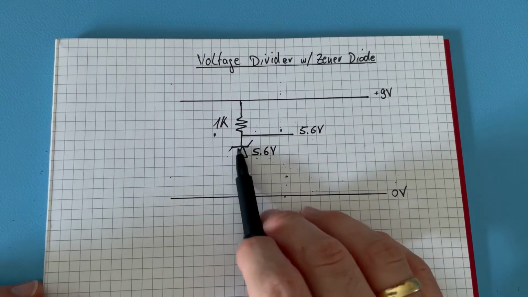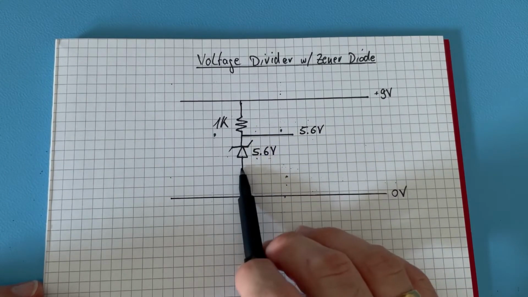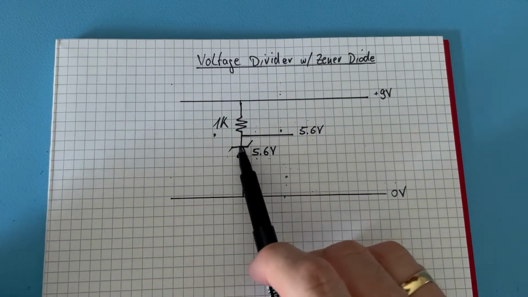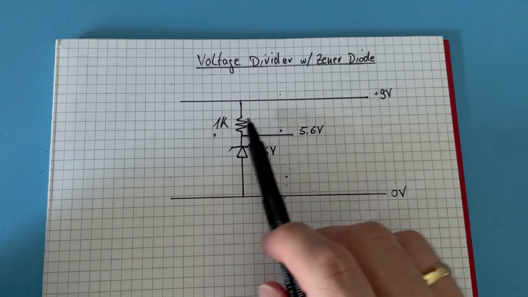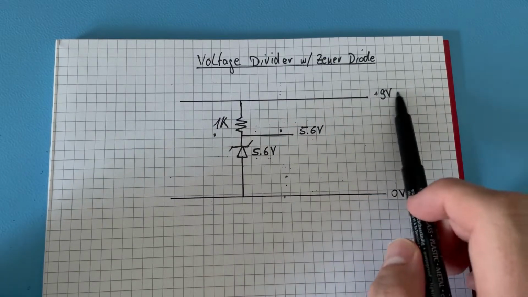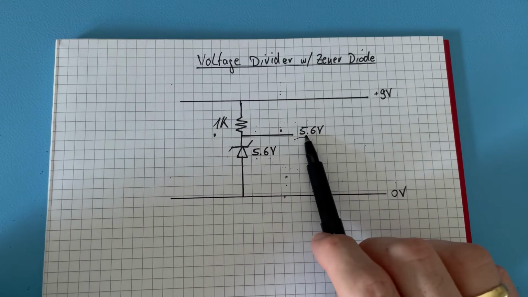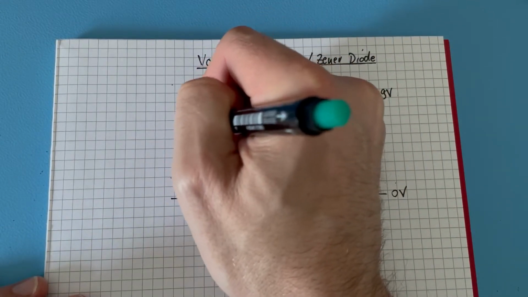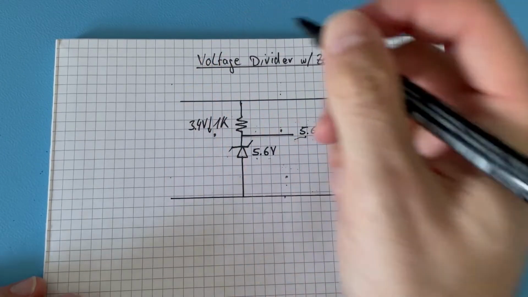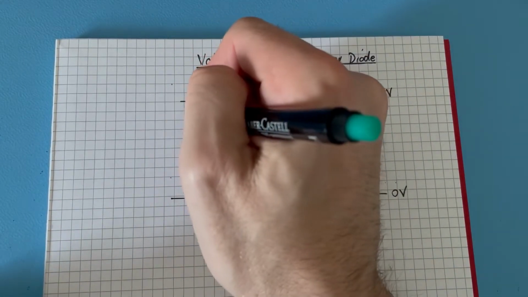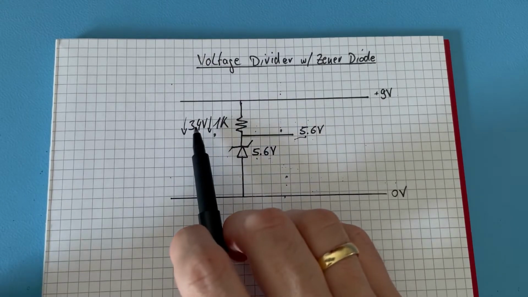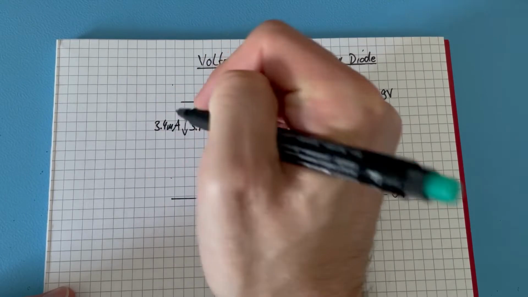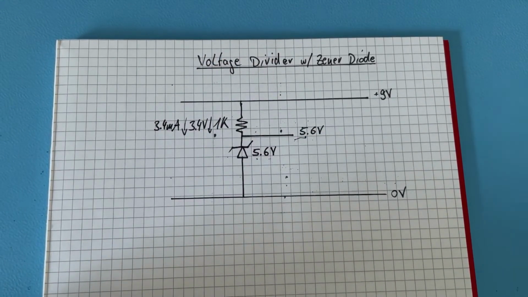But that's really the clue about the Zener. It takes care that across it there is always this certain voltage. And through the 1K resistor we drop 9 minus 5.6, that is 3.4. So we have 3.4 volt across the resistor, and that leads to 3.4 milliampere across the resistor.